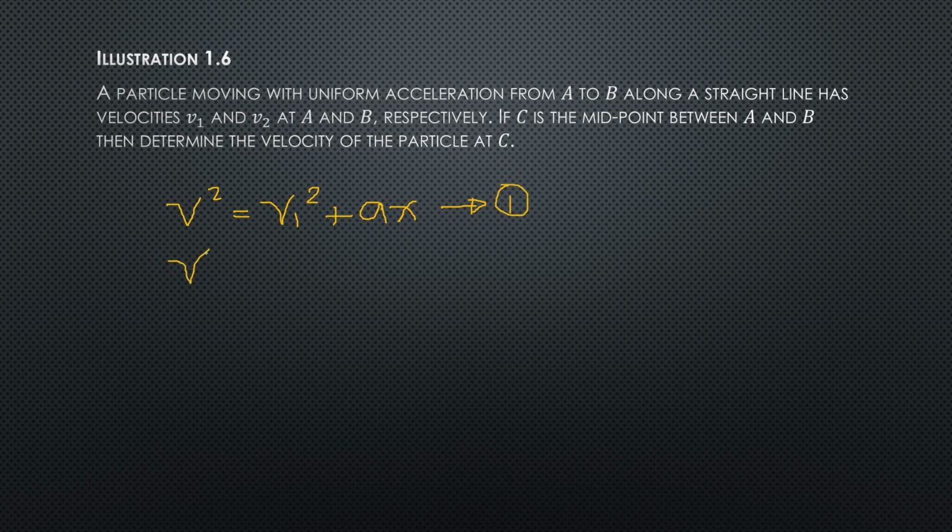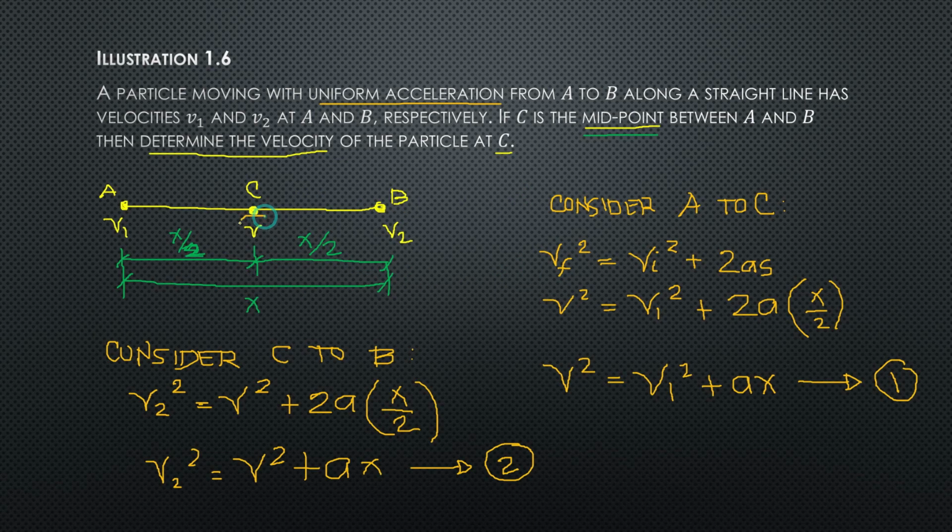Now equation 2 is equivalent to v2 squared equals v squared plus 2ax. This is equation 2. Now the unknown is to determine the velocity of the particle at point C. So that is v. Going back to the previous, this one is the unknown.